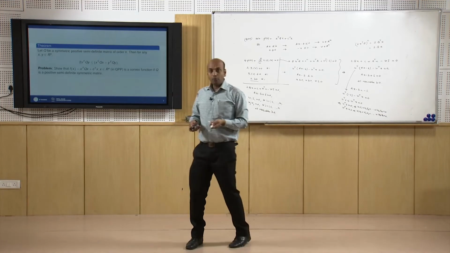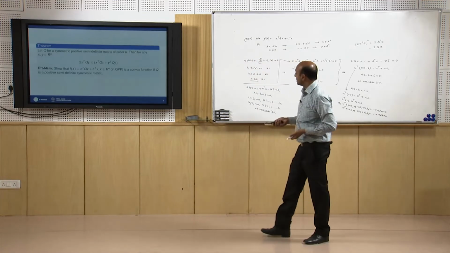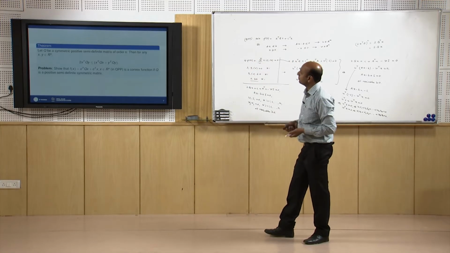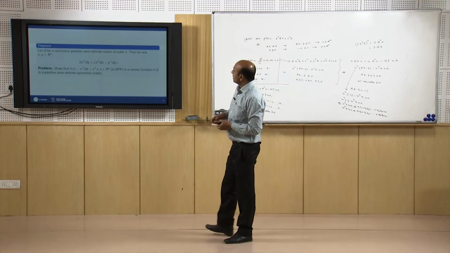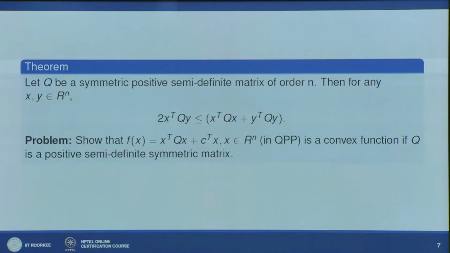So for checking that Q, we first have a theorem: let Q be a symmetric positive semi-definite matrix of order n, then for any x, y belongs to Rn, this result always holds.